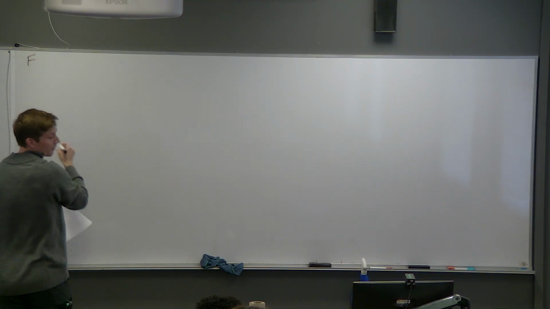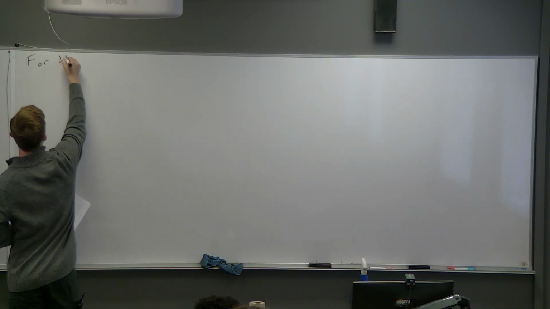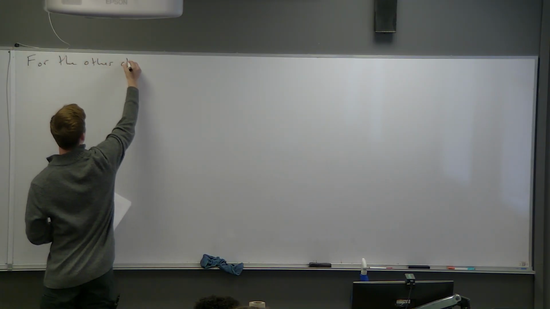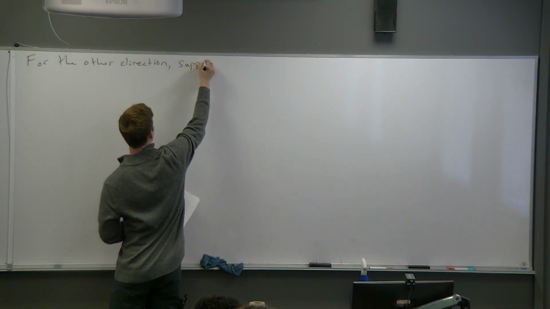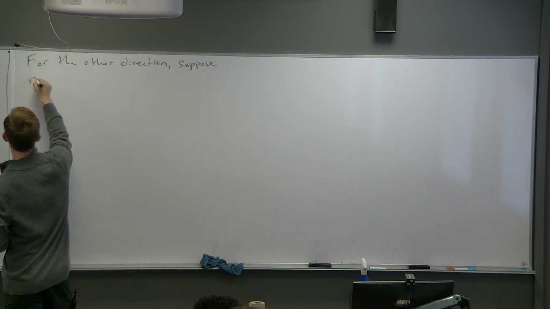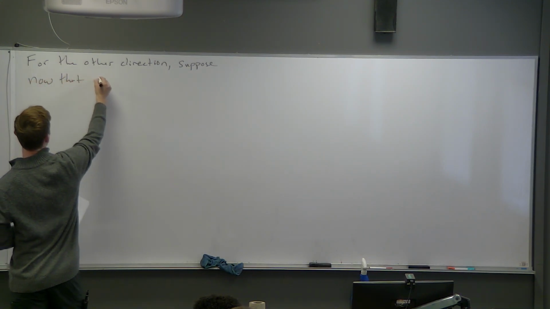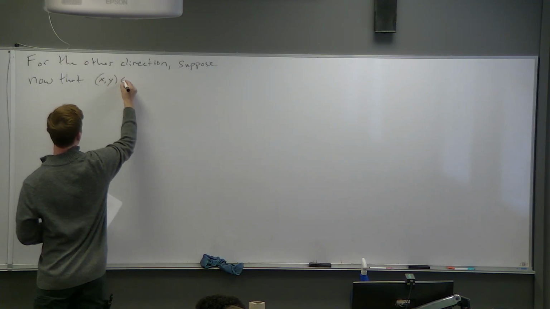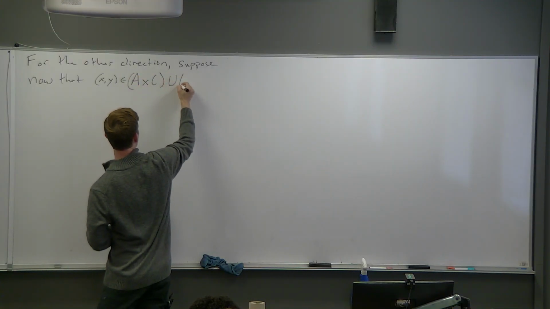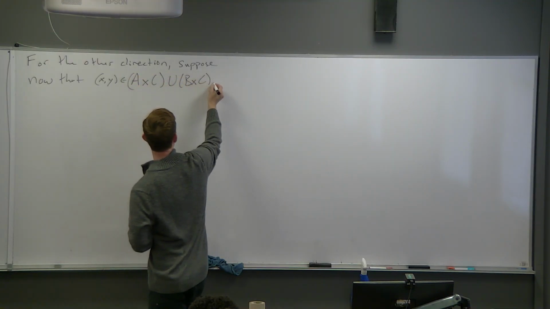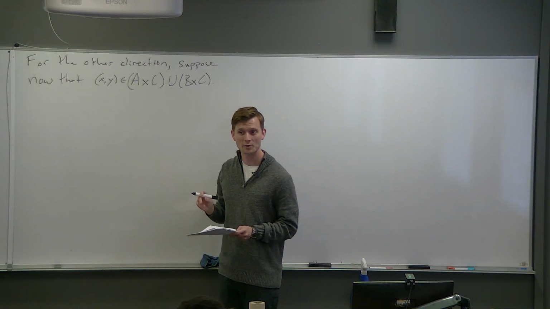Now, for the other direction, suppose now that xy is in (A cross C) union (B cross C). Can you imagine what we might do?